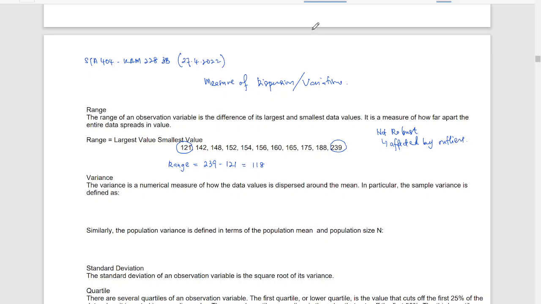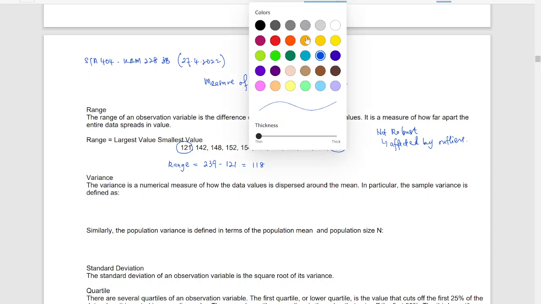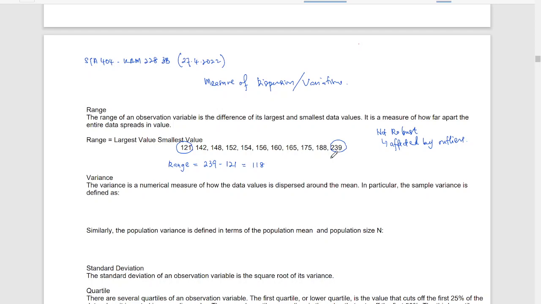For example, suppose that instead of having the largest value to be 239, maybe this value is actually 932. Okay, 932.